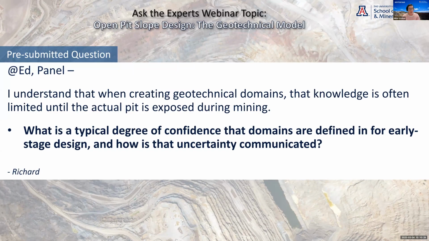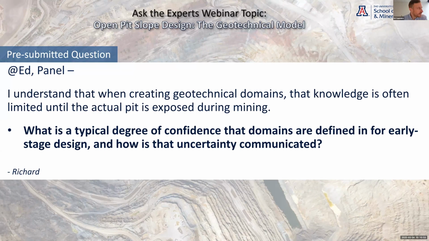So what is the typical degree of confidence that domains are defined in for early stage design? And I guess any way you want to quantify that would be fine. And how is that uncertainty communicated? So Ed, I will throw that one to you first, and then we can open up to the panel for additional discussion. Okay, thanks, Jillian. Thank you. Start with a hard question.